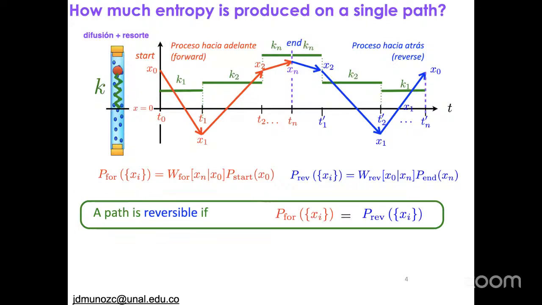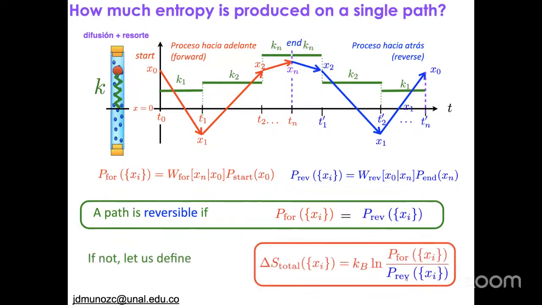If not, you can define the total entropy increment that is produced when you perform the forward protocol. This is defined as Boltzmann's constant k times the logarithm of the probability for the forward path divided by the probability of the reverse path.